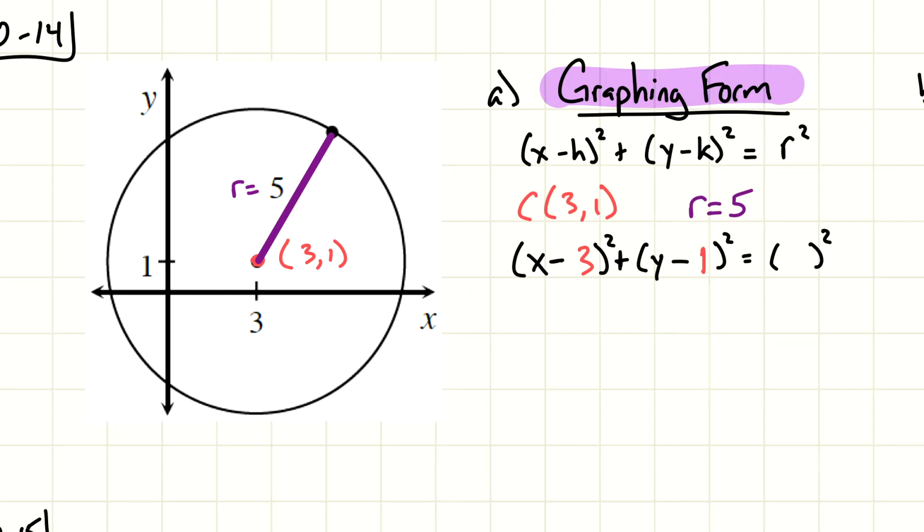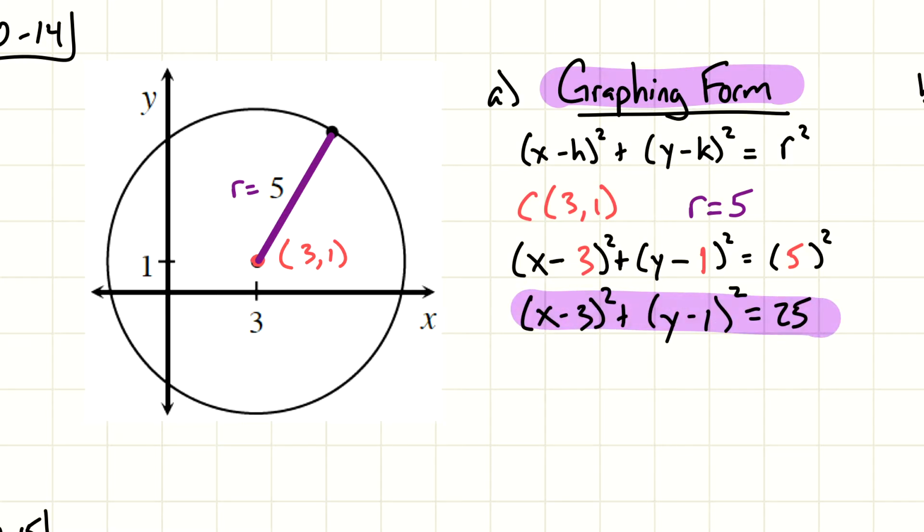And the radius in this case is 5. And that's pretty much it. We could simplify it a little bit more. If I rewrite this, I would probably write it so that the 5 is squared, and that would be a good way of finalizing the graphing form of a circle.